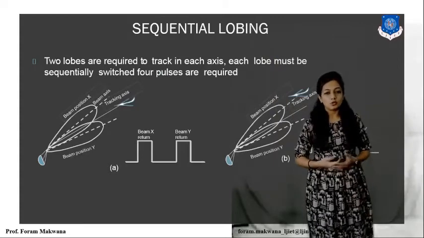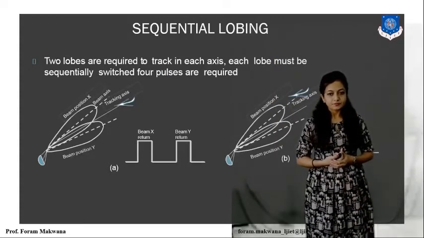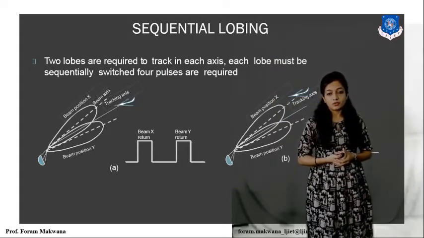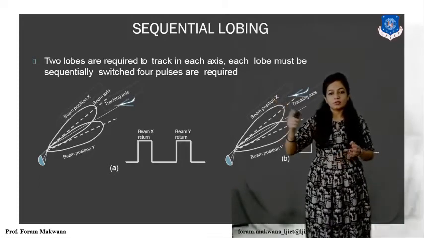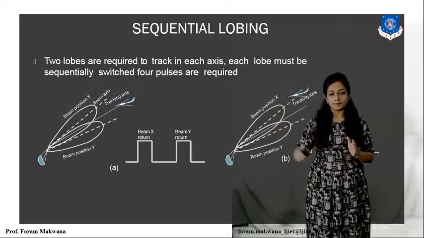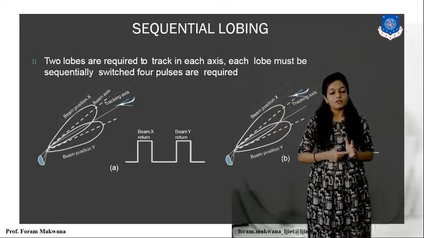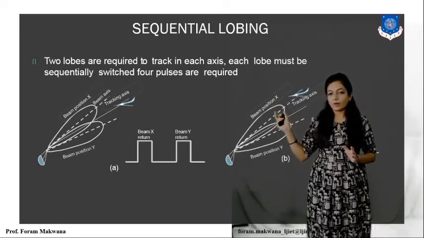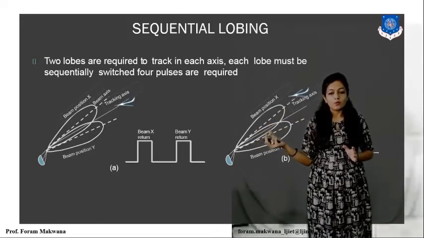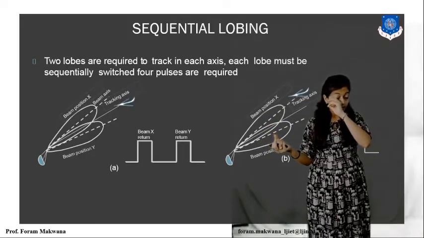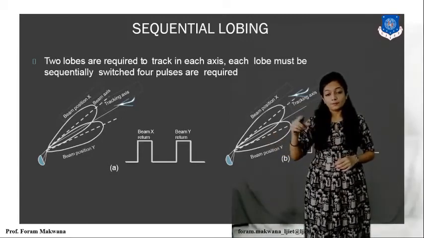So what is sequential lobing? Sequential lobing stands for two lobes. Lobe stands for my antenna beam, which is continuously required to track in each axis. How are we going to transmit that lobe?